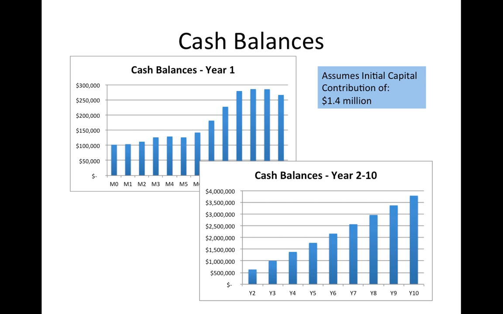Last thing I looked at was cash balances, again, because the company needs to always stay positive in terms of the money in their cash account. I thought that was worthwhile. So start out in month 0 with the amount that we assumed would be the initial capital contribution, about $1.4 million.